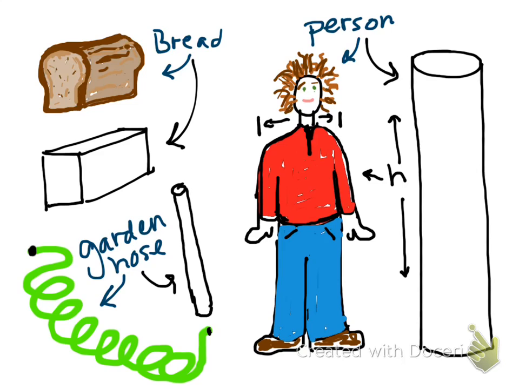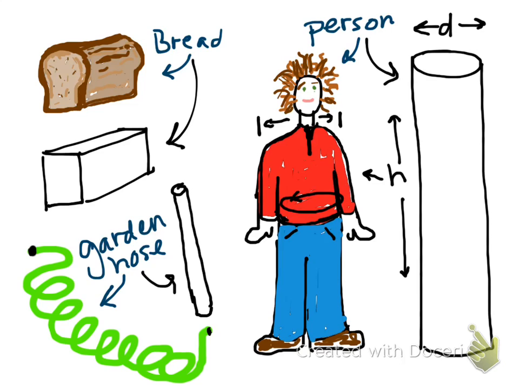We might take the width of our person's shoulders and assume that that's roughly the diameter of the cylinder. We might take their waist measurement and assume that that's the diameter of the cylinder. We have to come up with something that roughly approximates it. Either of those could have a case made for it. It's up to you to choose the one that's most appropriate, and we'll talk a lot more about that when we all get into class together.